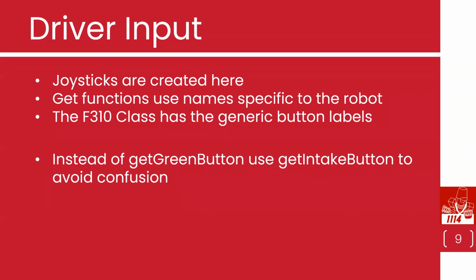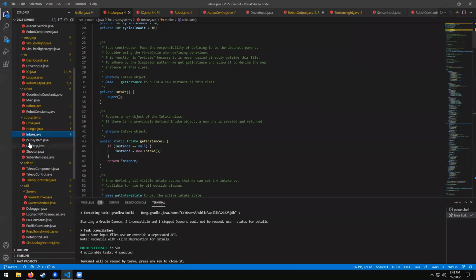You could label it get the red, get green, get yellow, get blue button, or get left trigger, get right bumper, stuff like that. But beyond that, we actually label it based on what we want it to do. So we could have an intake button, a shoot button, an aim button, a drive turn button, or the stick, stuff like that.